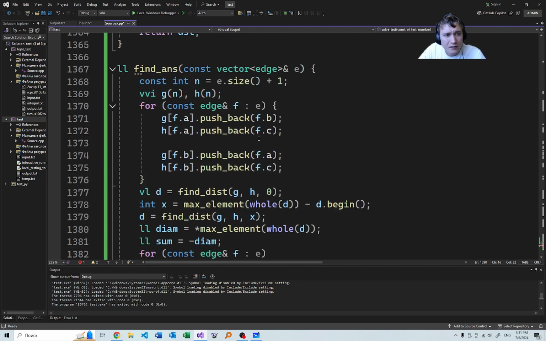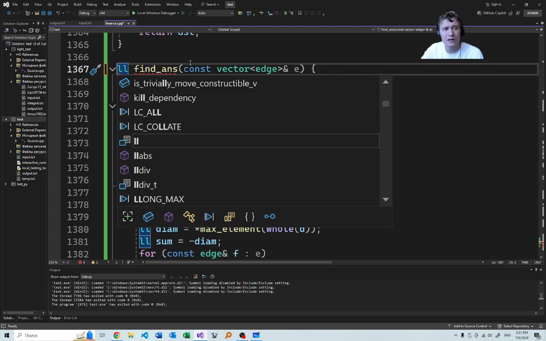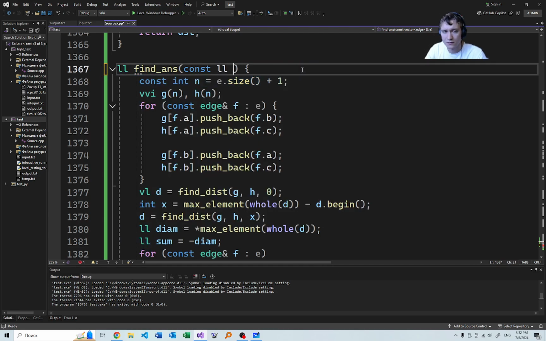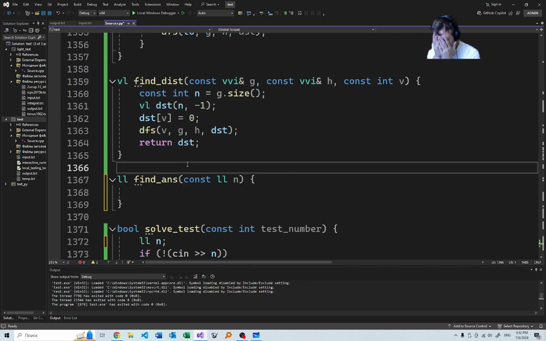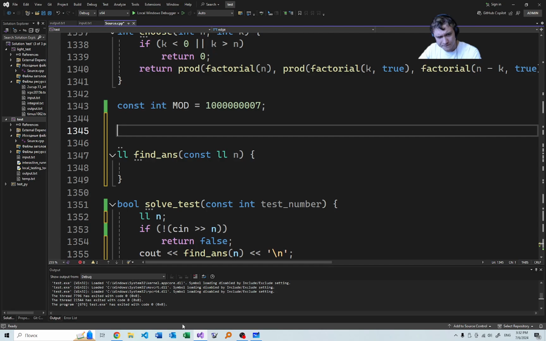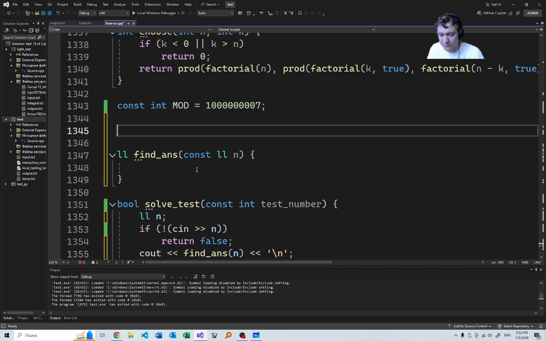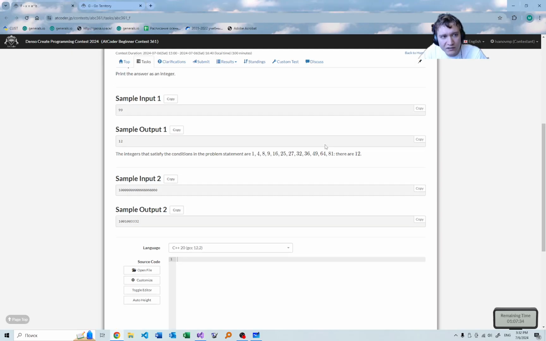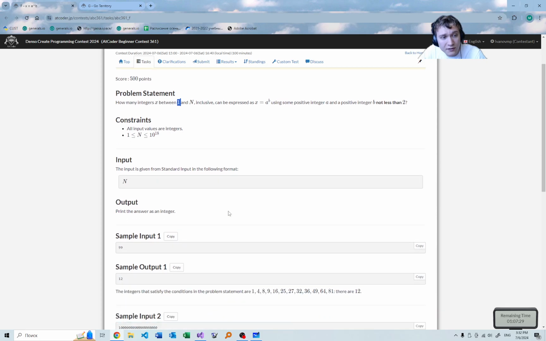Okay, let's make it long, although it's probably int. Okay, so first of all, we need some basic function which says how many exact kth powers there are. And secondly, we always ignore one. So in all functions, one will be ignored because one is a mess, actually.